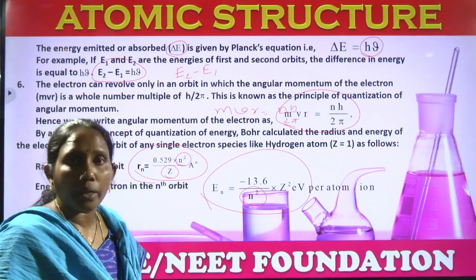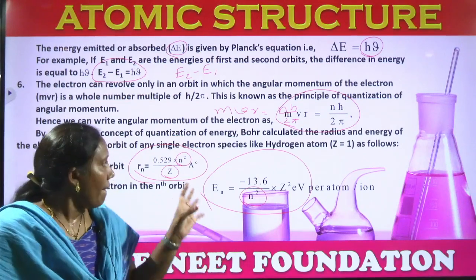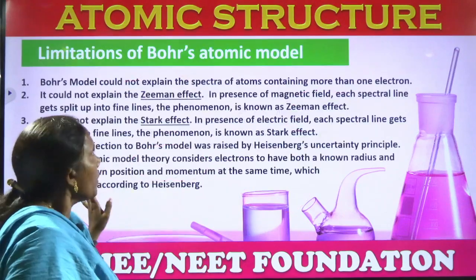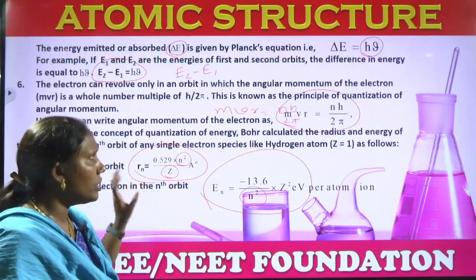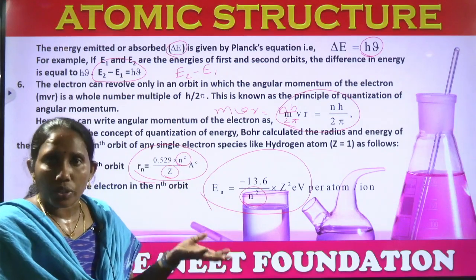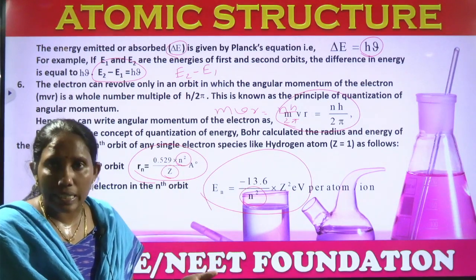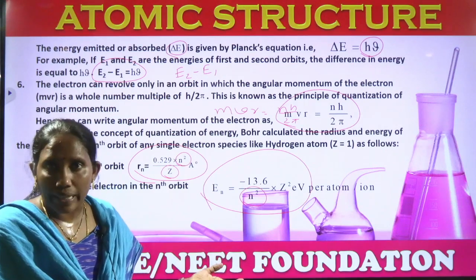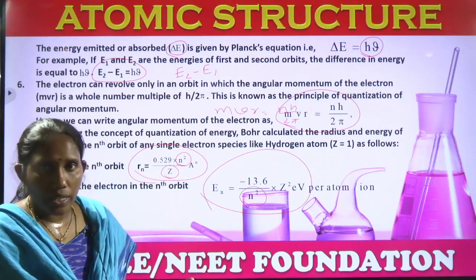Electron volt per atom is the unit for energy. Here angstroms is the unit for radius. See, these are the postulates: electrons revolve around the nucleus in a particular path, and the change in energy, angular momentum, radius of the nth orbit and velocity of the nth orbit, all these are the postulates of Bohr.